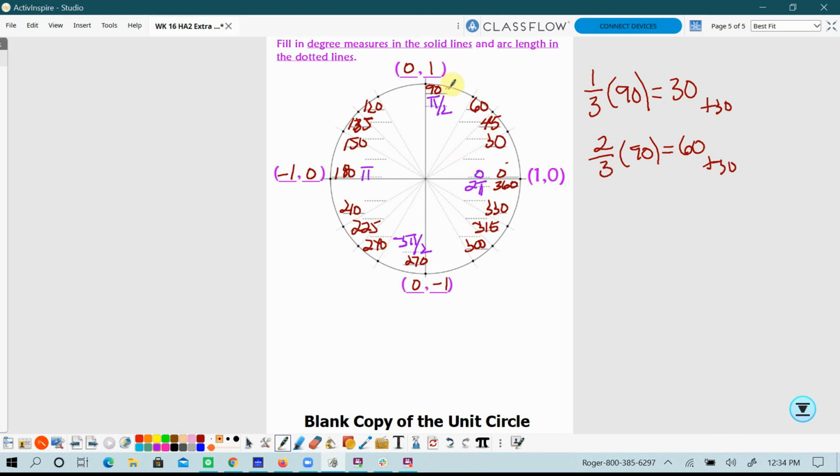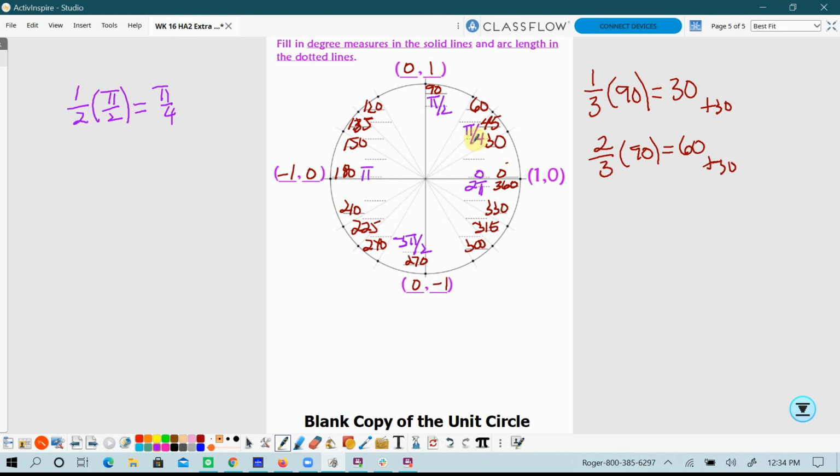Now, going back, we said that half of 90 was 45. I can ask the same question: what's half of pi over 2, since pi over 2 radians is equivalent to 90 degrees? Well, that would be pi over 4. So 1/4 of pi is equivalent to 45 degrees.